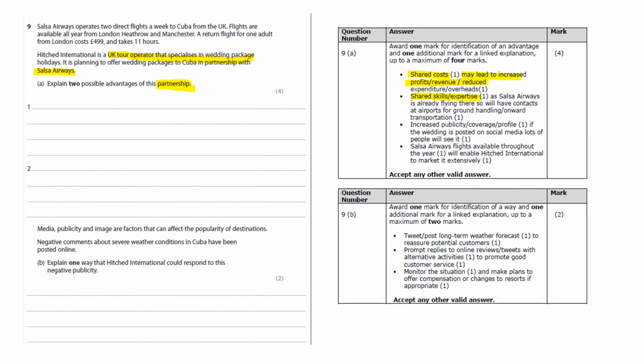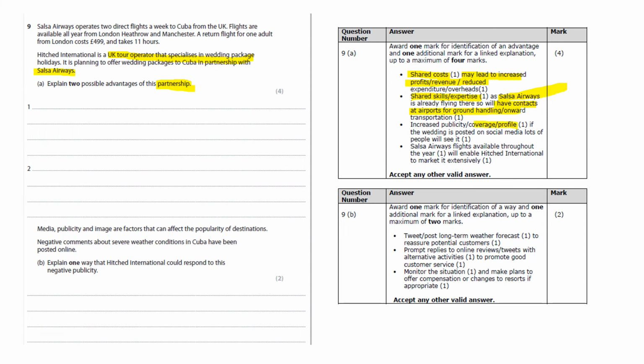So for example, the marketing skills in one company were used in the other, or the example of here's a bit more complicated. Salsa Airlines already has contacts in airports for ground handling. Salsa Airlines already have links in Cuba, which will be good for Hitched International to use.